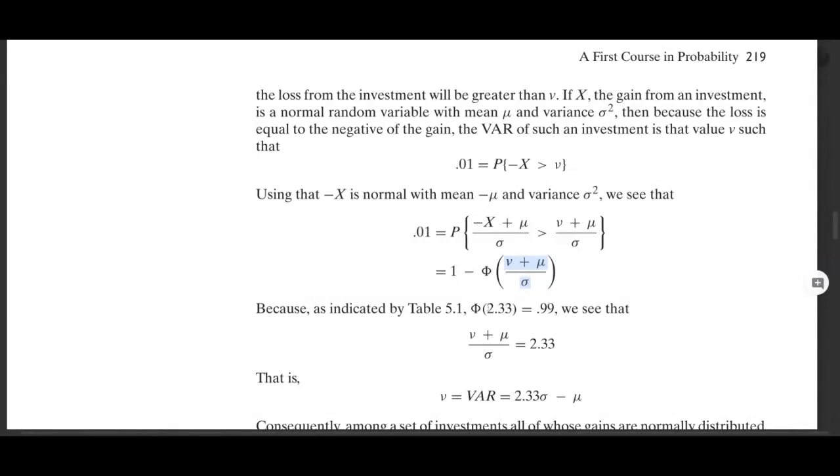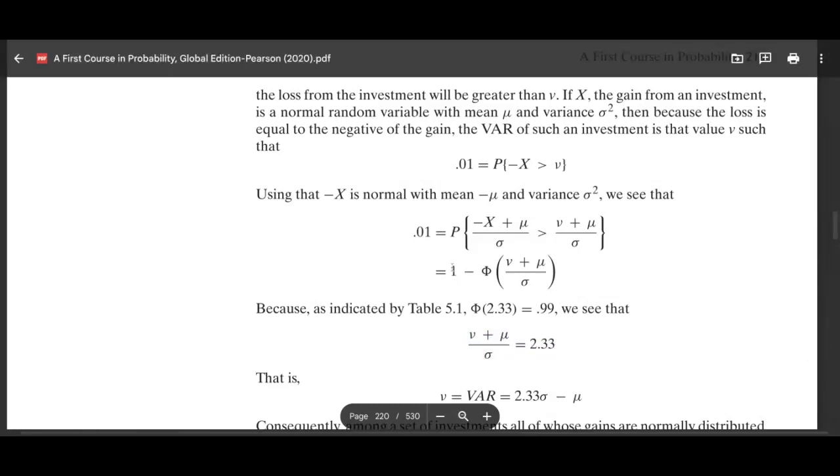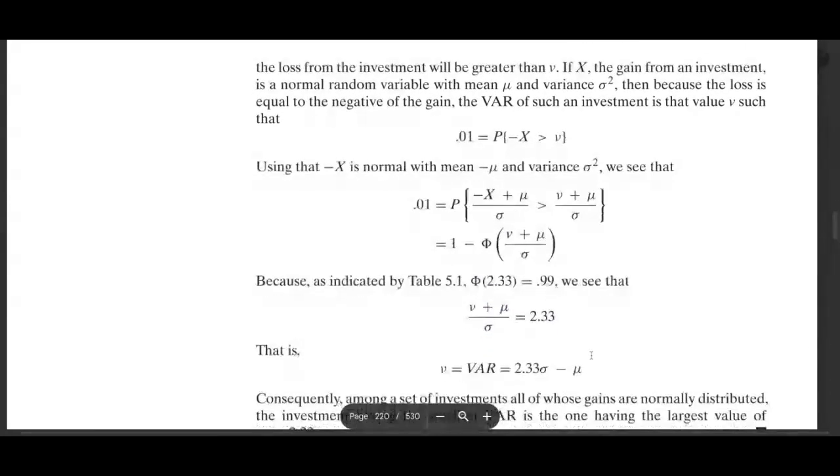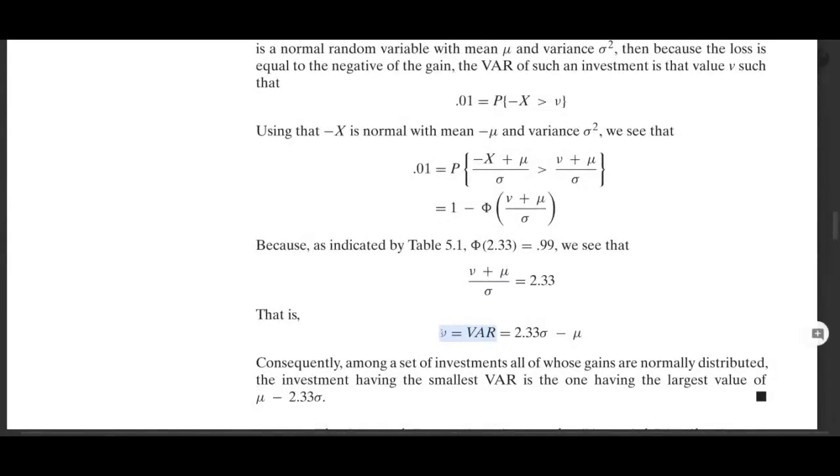Because 1 minus 0.01 is 0.99, and the value that equals 0.99 in the table is 2.33, that's why this equals 2.33, and that means the VAR equals 2.33 sigma minus mu.